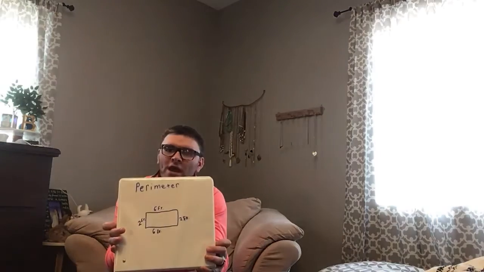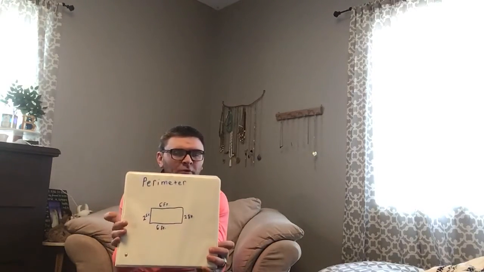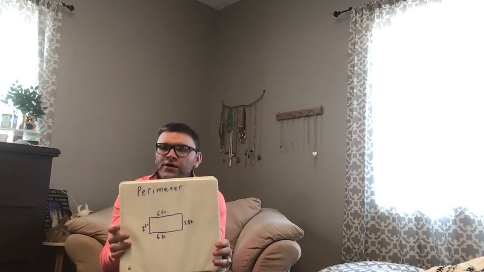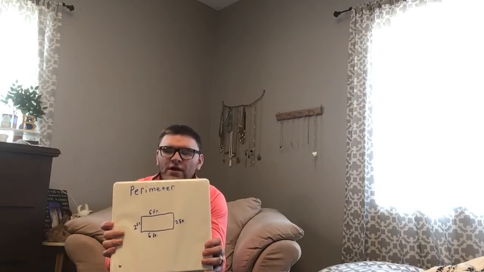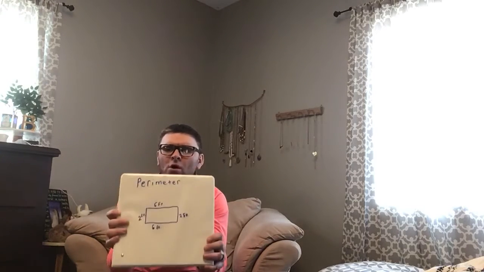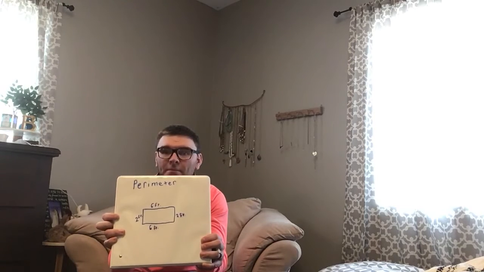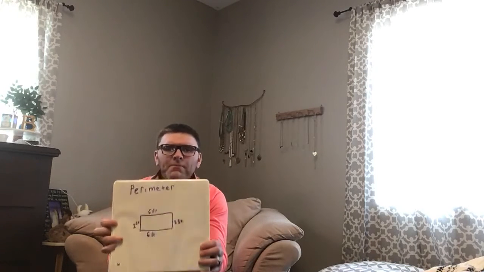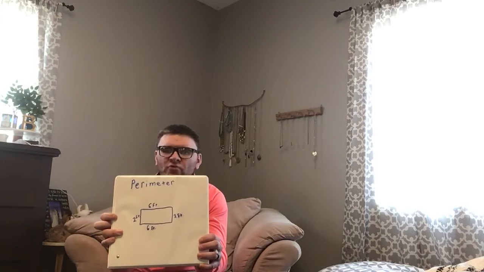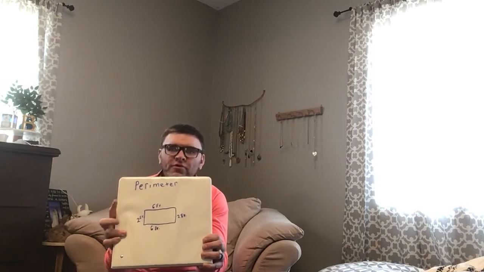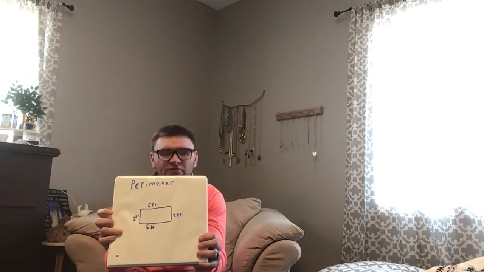Now I can do this any way I want. I know there's probably some of you watching that have already done it in your head. And if you've done it in your head, amazing, great job. But we always want to put it down on paper, or in my case on a binder, so that we can just really, really make sure. So I can do 2 plus 6 plus 2 plus 6, write that down, or I can do 6 and 6, 2 and 2, and then add again.